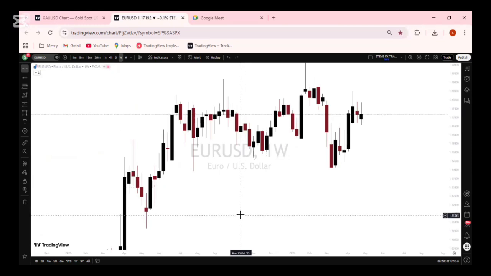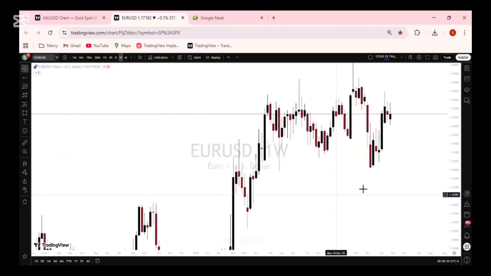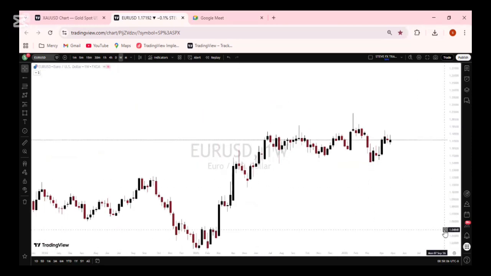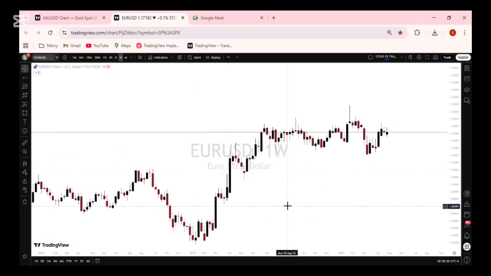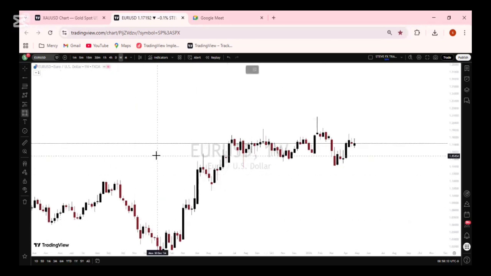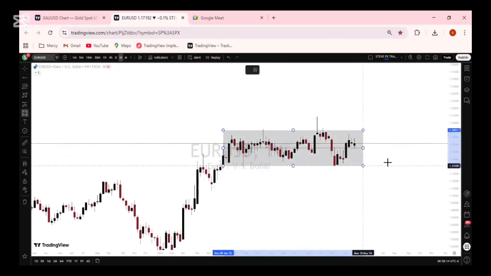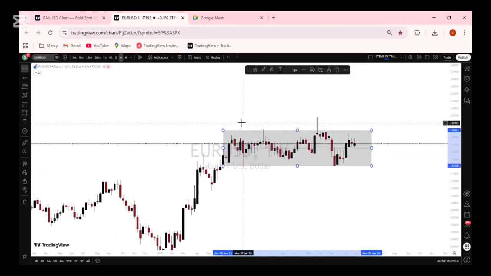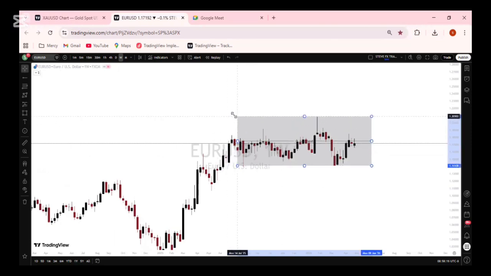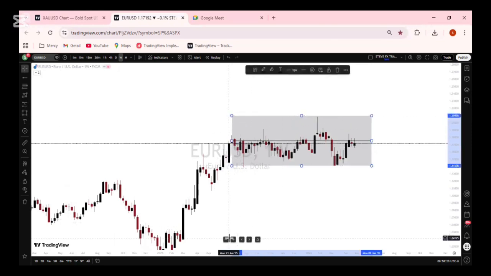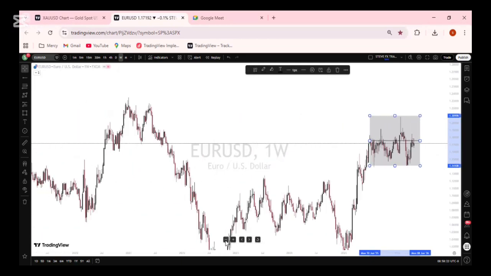On our weekly time frame, we saw that Euro USD was actually bullish, and currently we are also seeing an accumulation around this particular zone.